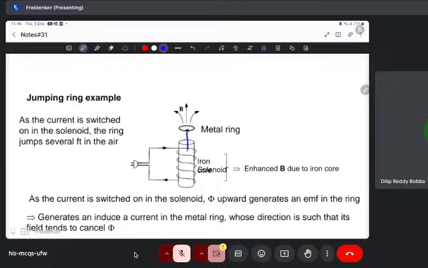So the direction of the magnetic field associated with this solenoid will be in this direction. So what you do is you simply place a metallic ring on top of this solenoid.